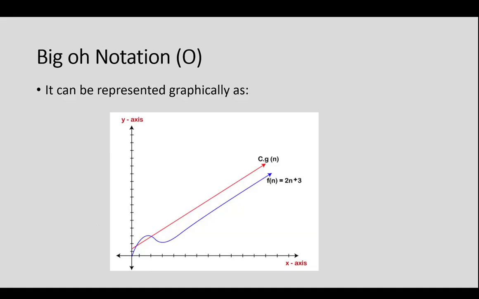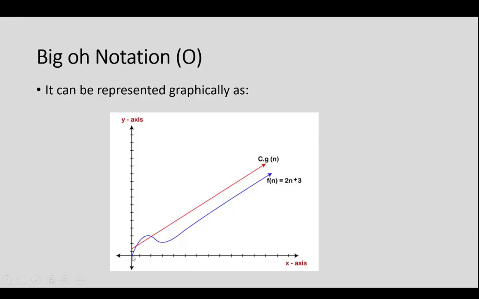Now if I see this image graphically, what is there in the image? We have x-axis and y-axis. The big O notation's upper bound. As I told you, big O notation is trying to give us the upper bound. Now this upper bound, if I say it in terms of the graph, is represented like this. I have a particular g of n.